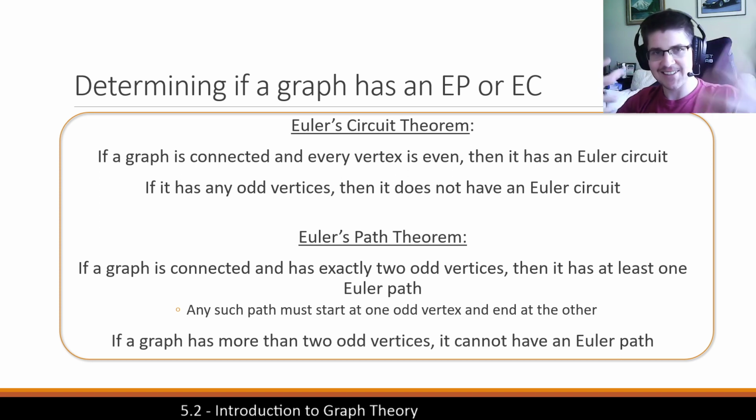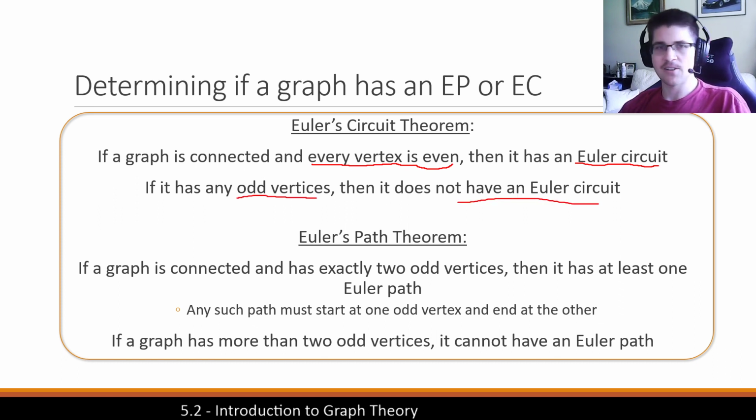So we're assuming that our graph is connected from the very first part. But notice the second condition, this is what is really important. If every vertex is even, then it has an Euler circuit. It's very direct. If they're all even, it will have an Euler circuit. If it has any odd vertices, then it does not have an Euler circuit.